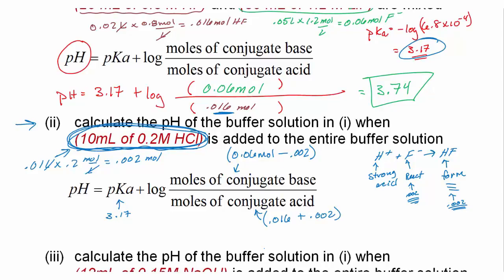So pH would equal 3.17 plus the log of 0.06 minus 0.002 divided by 0.016 plus 0.002.